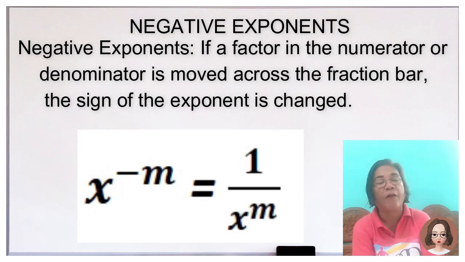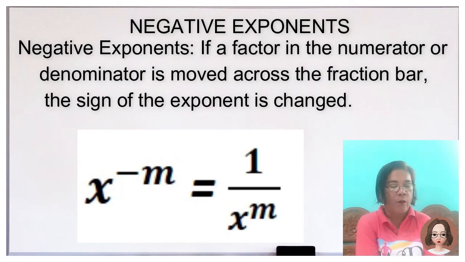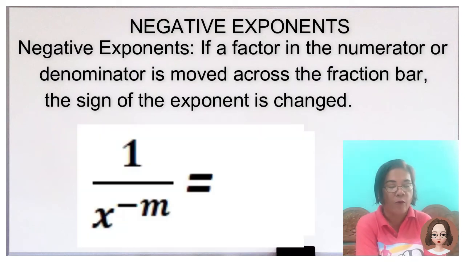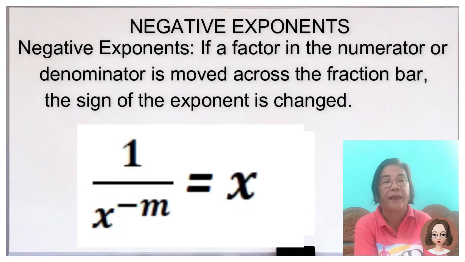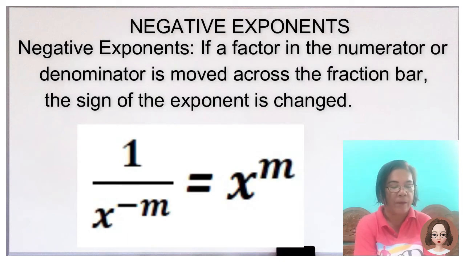So the reciprocal of x is 1 over x. And the negative m there, it turned out to be a positive m. Or if we have here 1 over x raised to the negative m, the reciprocal of 1 over x is x. And so, the negative m will turn out to be a positive m.